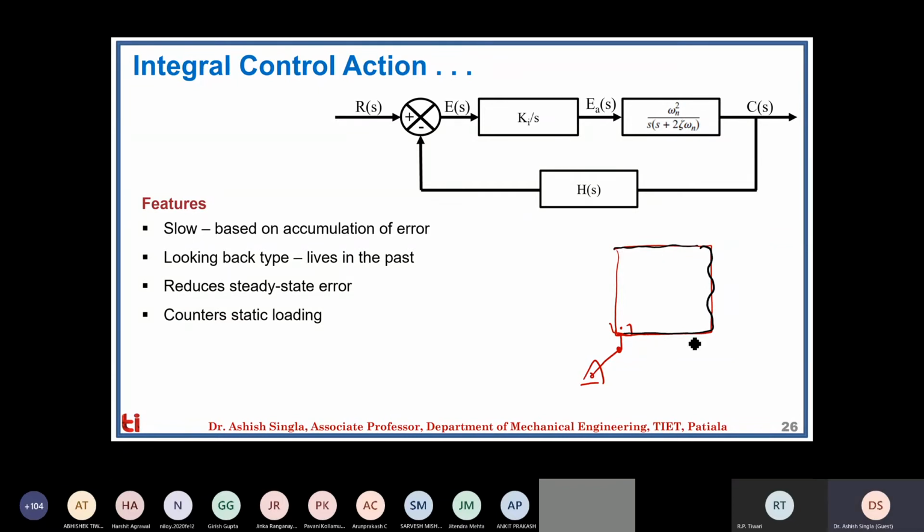Here the red one is, let's say, R(t), which is the commanded signal, and the black one is C(t), which is the actual output at that given instant of time. The difference between the two will give you the error. This is the amount of error over here.